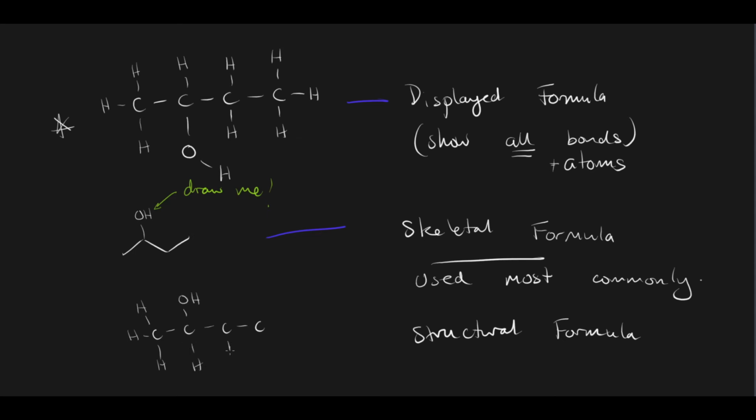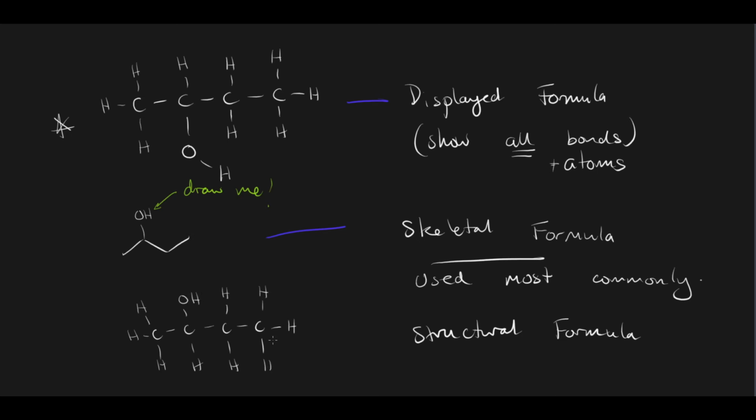You might notice I've done something differently to the displayed formula: I didn't draw the bond between the oxygen and the hydrogen. So a structural formula is like a halfway house between the two, so you're allowed to abbreviate some things, the oxygen and hydrogen. If you're asked to give a structural formula and you draw all the bonds, you'll not get it wrong, but you can start to abbreviate some things like the OH.